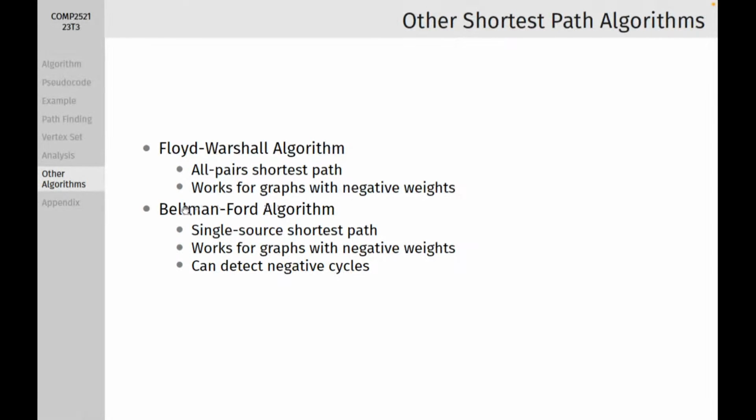Okay, another algorithm is Bellman-Ford. This algorithm does work for negative weights, and it also detects negative cycles. If your graph has a negative cycle, then there might not be a shortest path, because you can go around the cycle and keep accumulating negative weights, and then your shortest path would just be negative infinity.